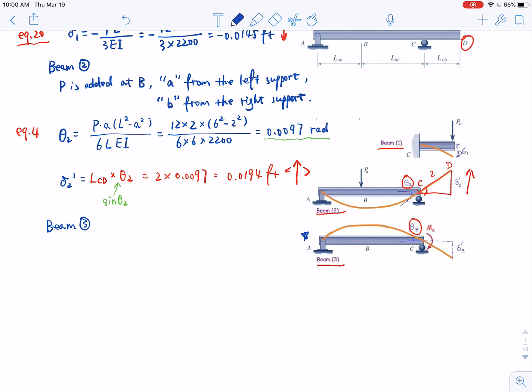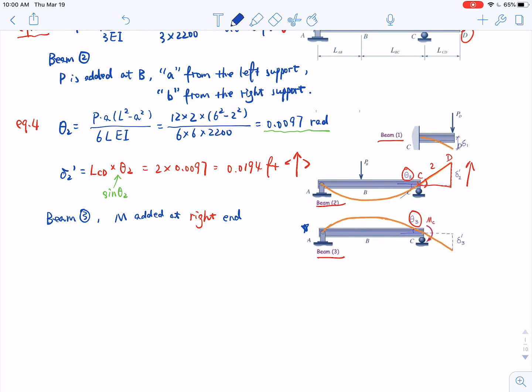And here the M is added at the right end, right? Why I need to emphasize this right end, later you will know, okay? It's M is added at the right end of the simply supported beam.